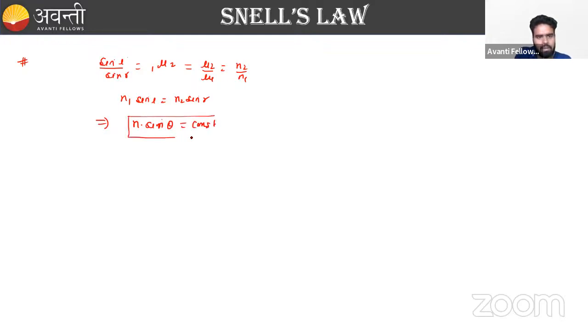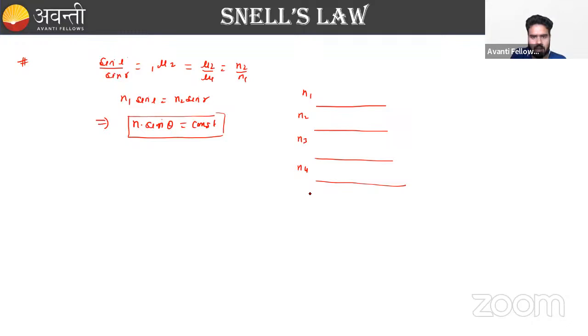If more than one medium is given in such a way, suppose the mediums present have refractive indices n1, n2, n3, and n4, and this is the medium n1. Suppose a ray of light is coming in this way, and this is the normal.